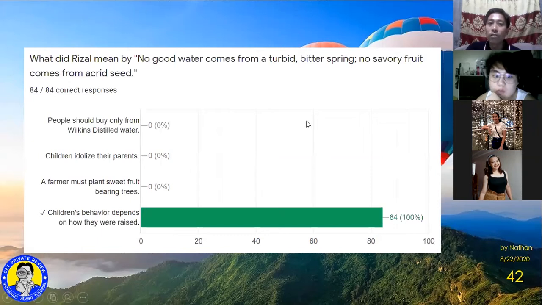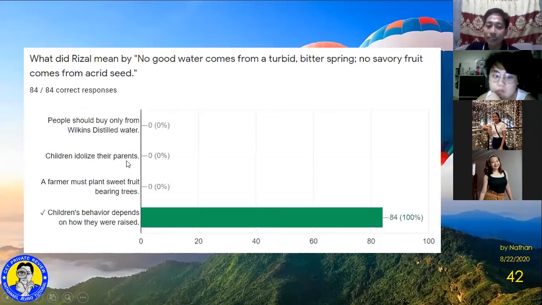What did Rizal mean by no good water comes from a turbid bitter spring, no savory fruit comes from acrid seed? So I know right away this is with regards to children being trained by mothers, right? It's what the statement is all about. So when I look at the responses, people should buy only distilled water from Wilkins. So of course, that's not the answer.